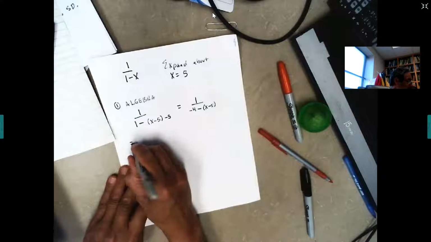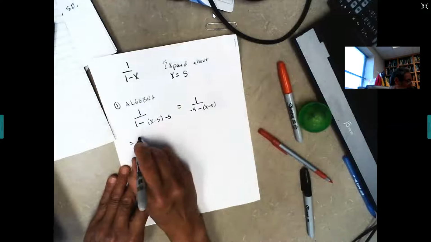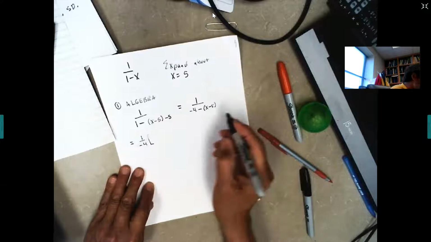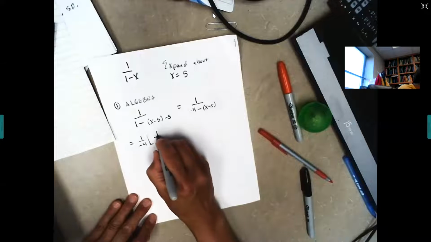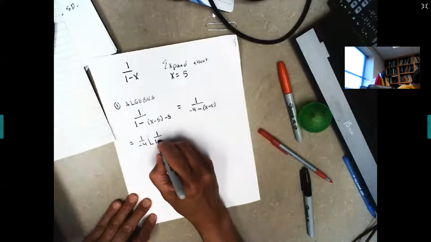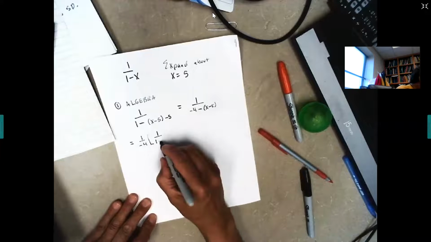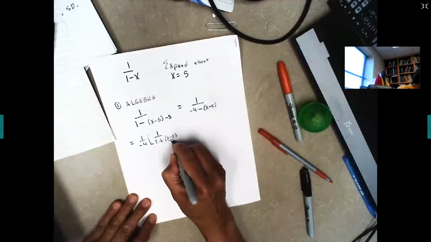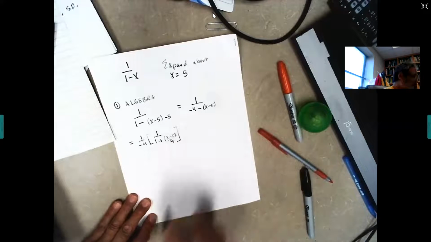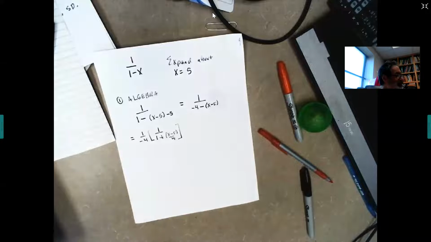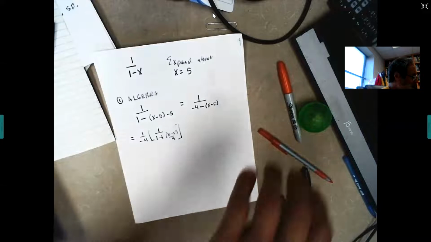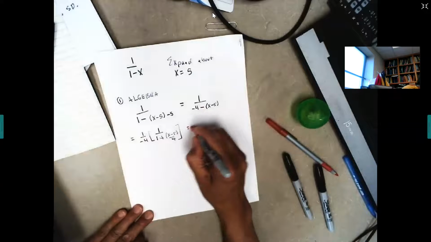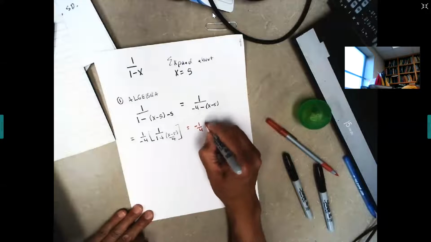Now to get this in the form we want, we can divide out by a negative 4 in the denominator. And what happens is that you now have a 1, and this becomes a plus x minus 5 over 4. Okay. Now the series itself, which the question did not ask for, we can rewrite one more way.